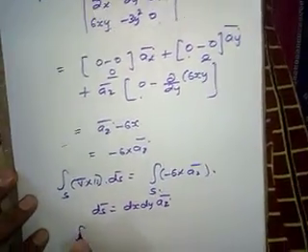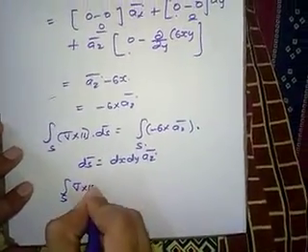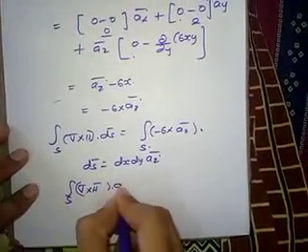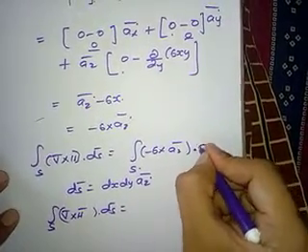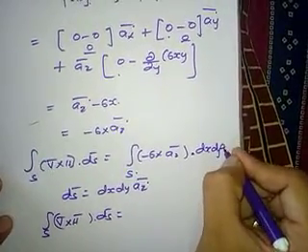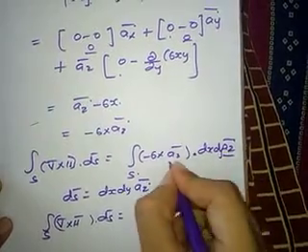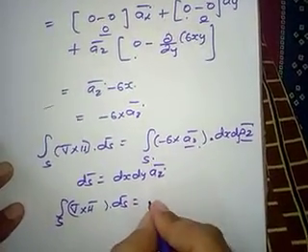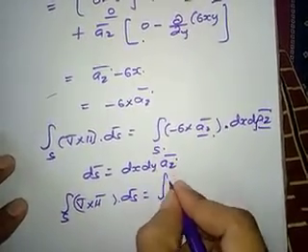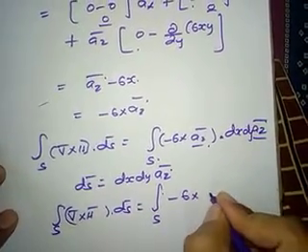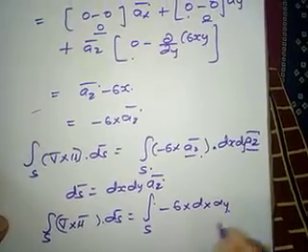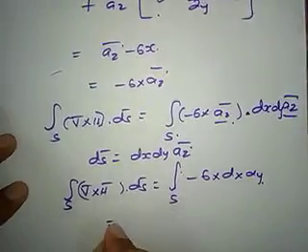Az bar dot az bar is 1, so it will be simply surface integral minus 6x dx dy. Okay, so this we have to integrate now.